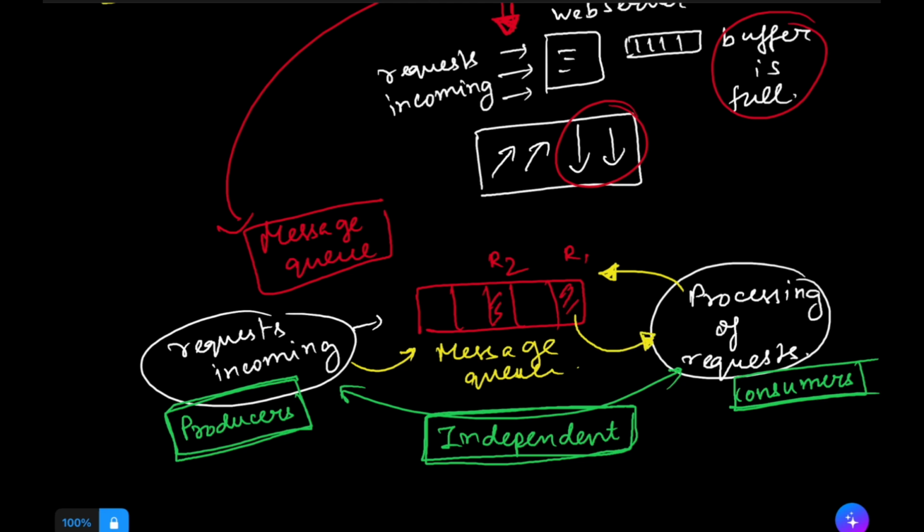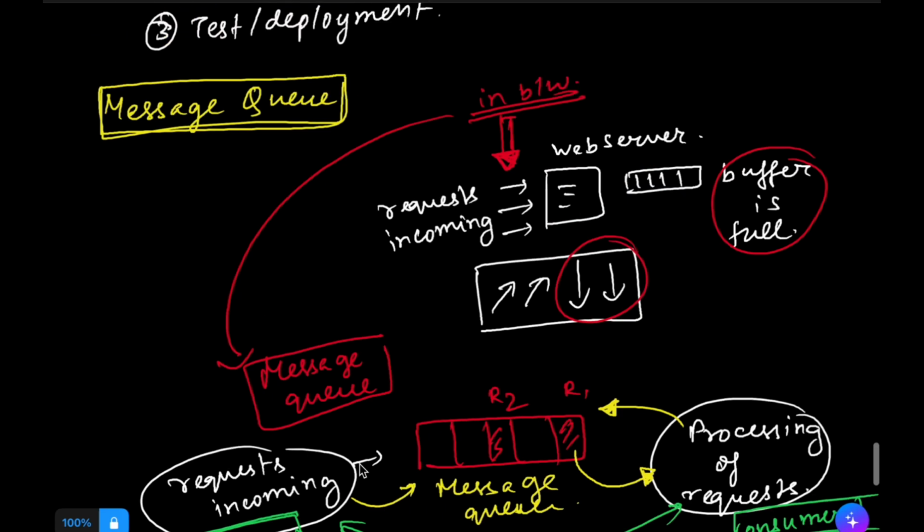So consumers basically subscribe to the message queue, and producers produce the message and put it into the message queue. In this way, decoupling makes the message queue a preferred architecture for building a scalable and reliable application. I hope you understand how the message queue works and how this decoupling has helped us in serving the requests without the web server being unresponsive or the web service being down or failing to connect for the particular end user.